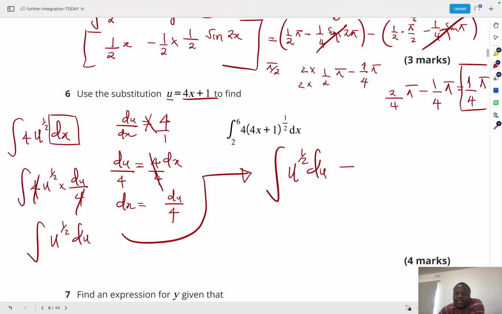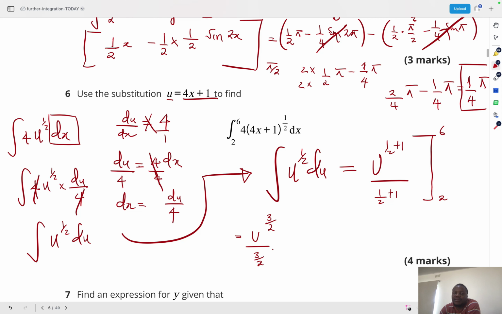So this is equal to u to the power of half plus 1 over half plus 1, evaluated over the lower and upper limits of 2 and 6. So we get u to the power of 3 over 2, over 3 over 2.